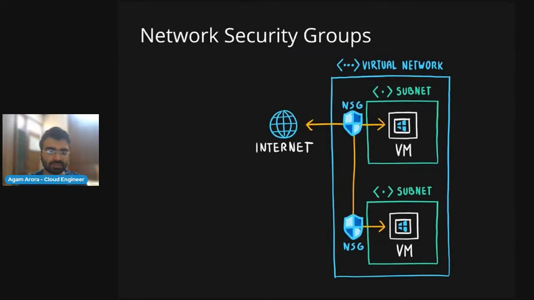So let's now discuss the network security groups. Network security groups, as the name suggests, are used to protect your network, and their scope is the subnet. They are deployed outside the subnet, and all the resources inside the subnet have this NSG deployed in front.